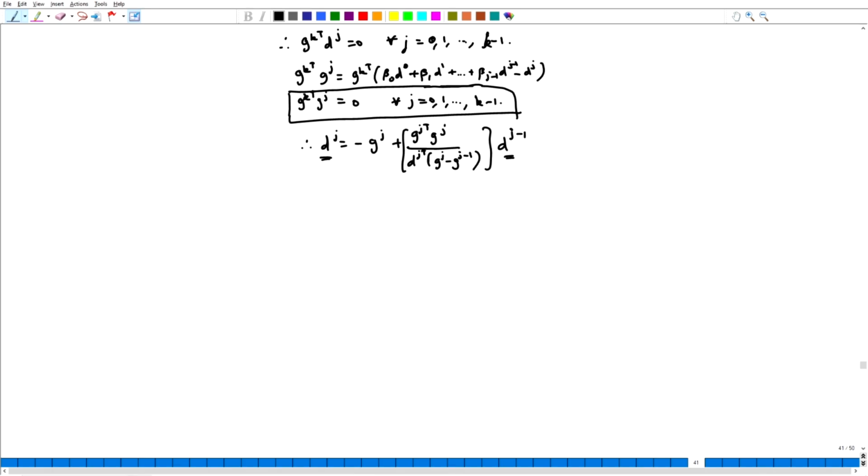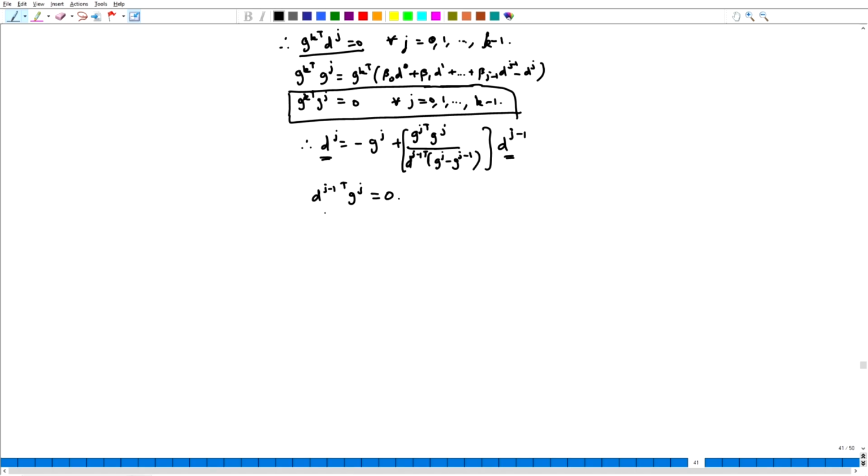How is that? Note that dj transpose gj minus 1 is actually 0. Sorry, this should be dj minus 1 transpose gj, that is my bad again. So dj minus 1 transpose gj is 0 from this, so that is already there.